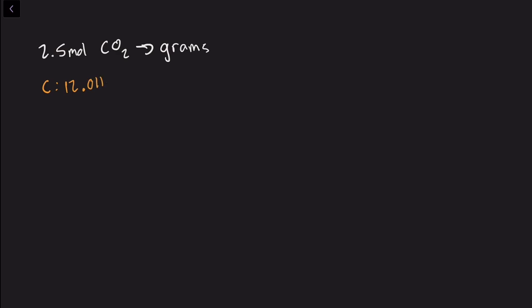And then we want the molar mass of oxygen, but we have 2 of them. So we're going to do 2 times our molar mass that we saw before of 15.999. And when we add these 2 together, we're going to get a total molar mass of 44.009 grams per mole.